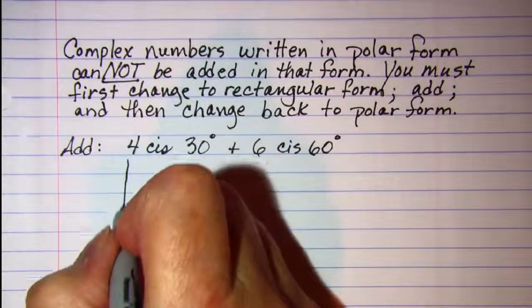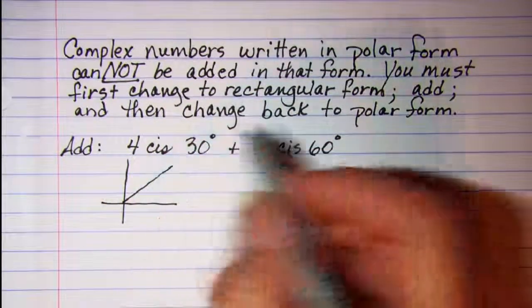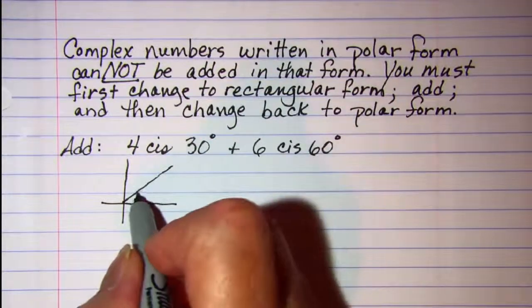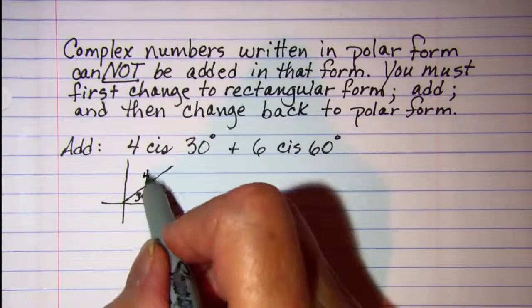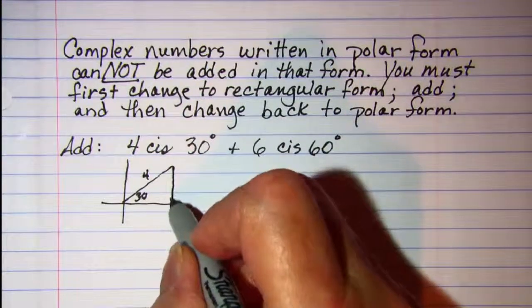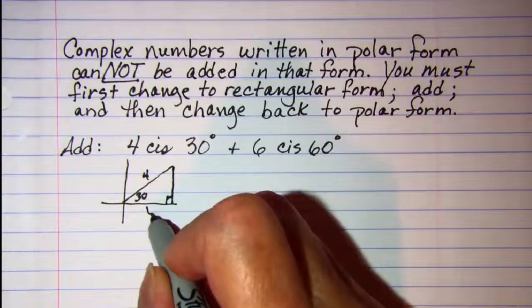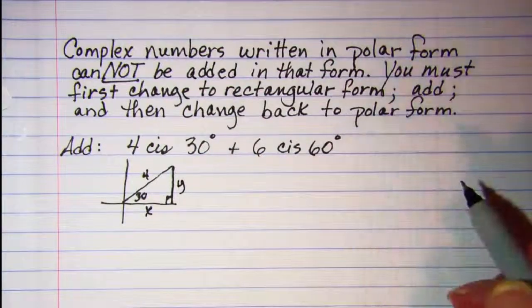So I'm going to draw a little sketch for this. We have theta is 30 and r is 4. And to get this to rectangular form, we want to find our horizontal component and our vertical component.